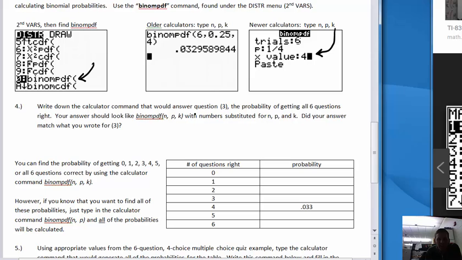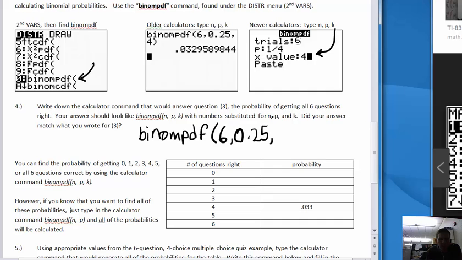Write down the calculator command that would answer question 3, the probability of getting all 6 questions right. When you type this in your calculator, it is going to start with Binompdf. You're going to type in the number of trials, which is 6. Probability of success, which is 0.25.